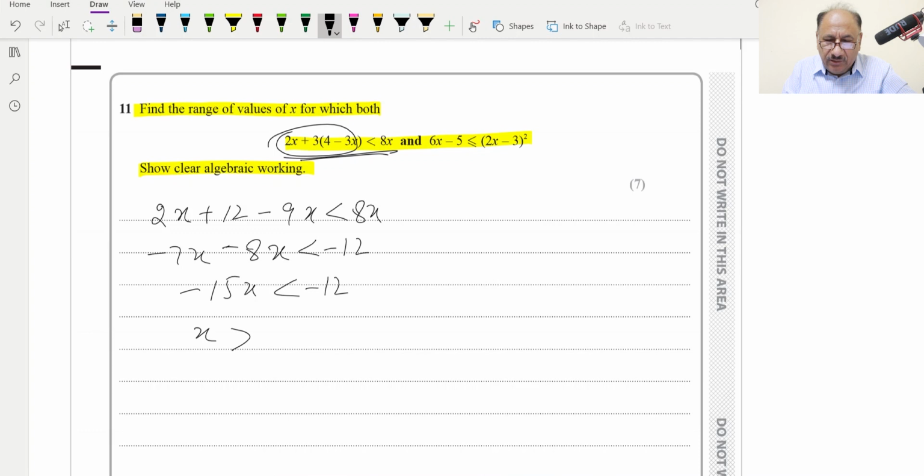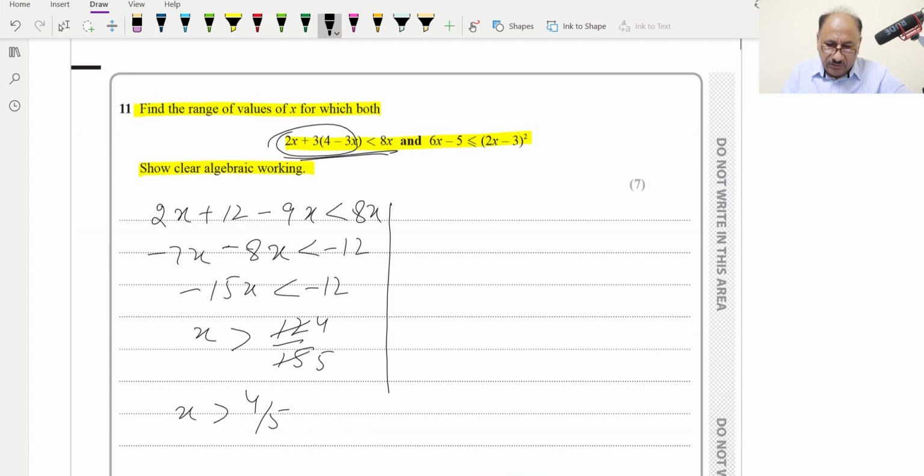So x is greater than 12 over 15, because we are dividing by a negative number, the sign of inequality will flip. So we have done this side, and this we can cancel with 3. 3 4s are 12, 3 5s are 15. So x is greater than 4 by 5 we got from this side.